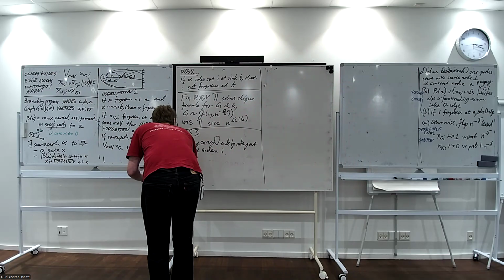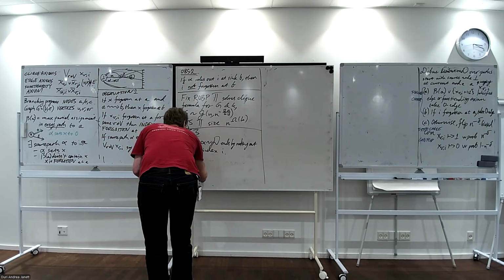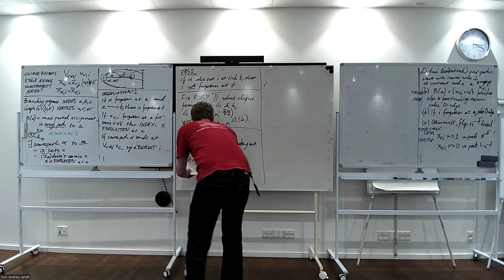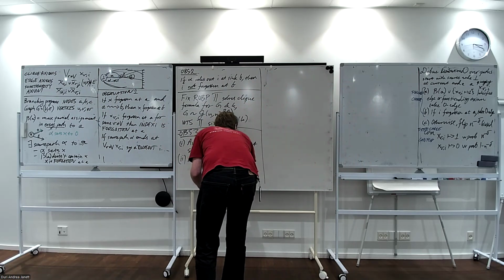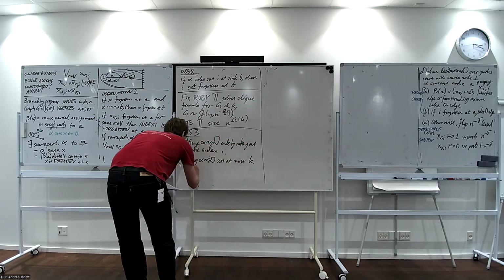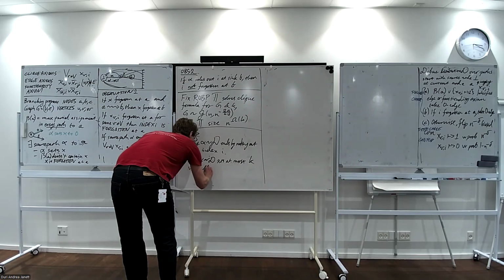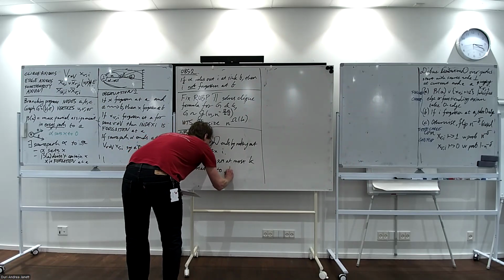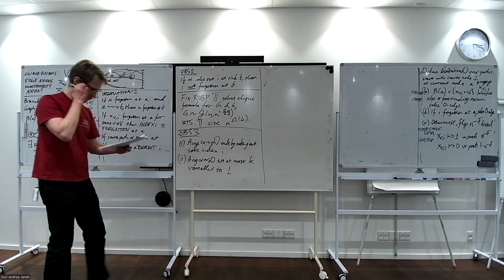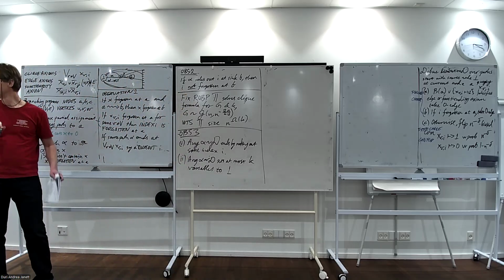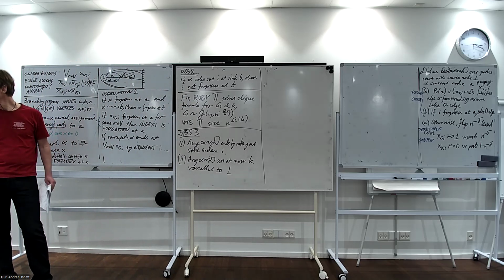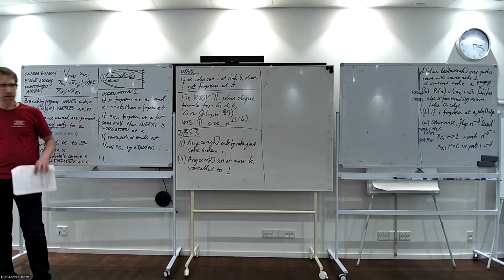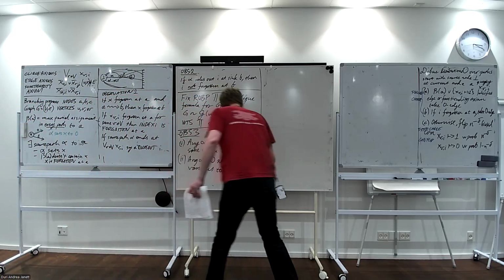And the other crucial observation is that any alpha in the support of D sets at most k variables to 1. Why? Actually, I'm a little bit generous here.